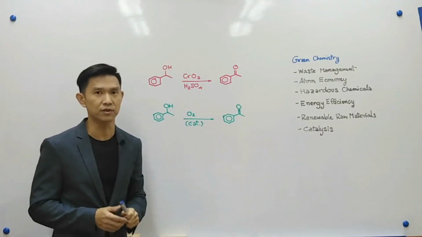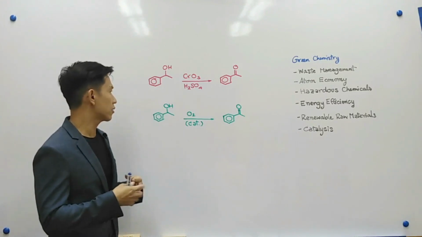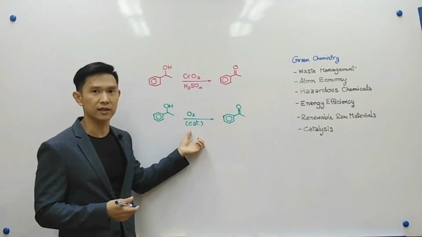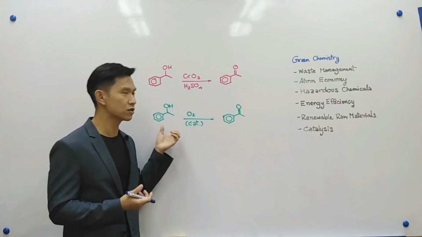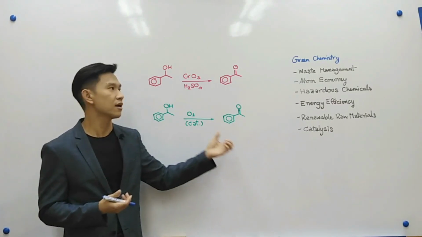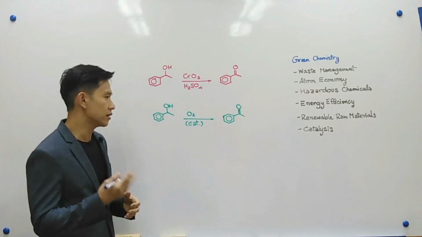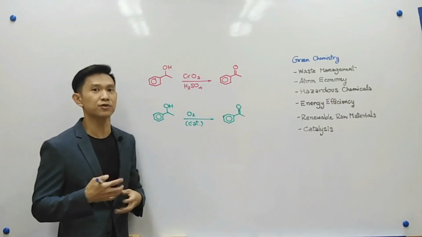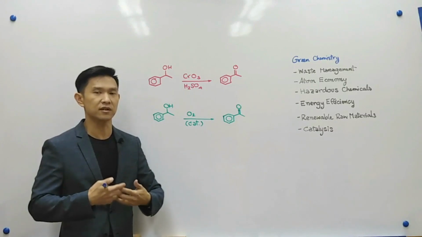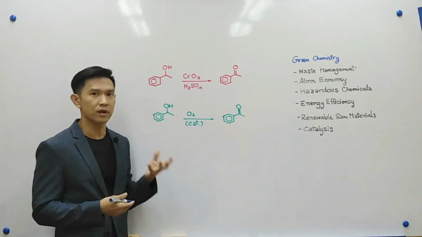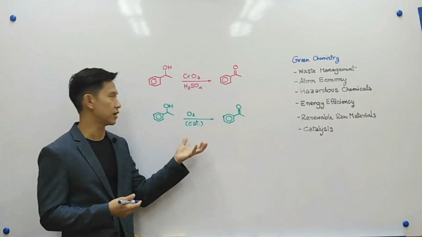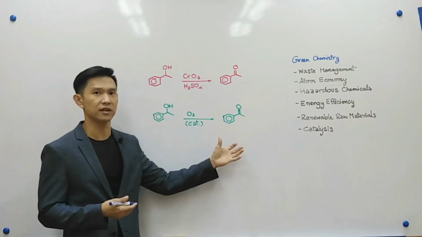So what you have to do is develop a catalyst. If you have a proper catalyst, you can make this happen. In the chemistry world, the duty of the chemist is to develop a new catalyst in order to make this happen.